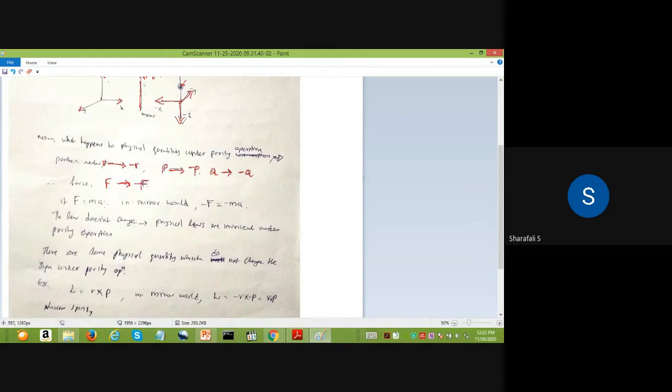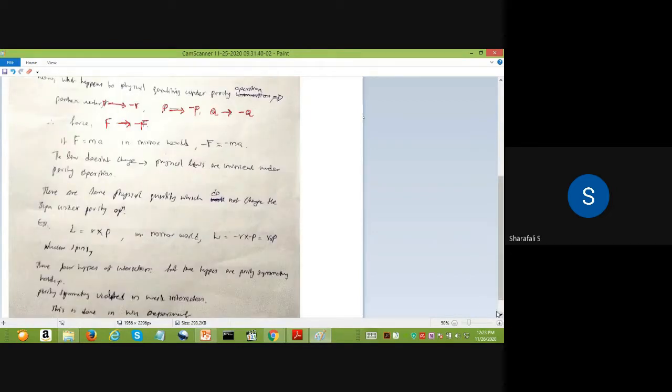So these physical quantities, and many other physical quantities, will change under parity operation. And there are some physical quantities that will not change under parity operations.